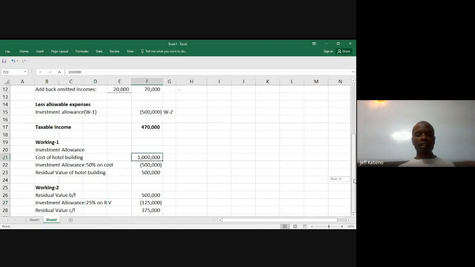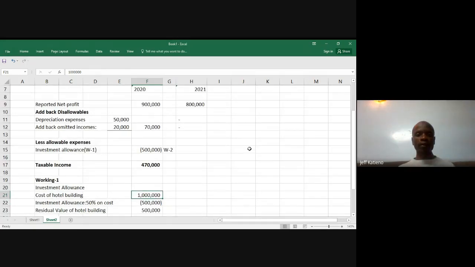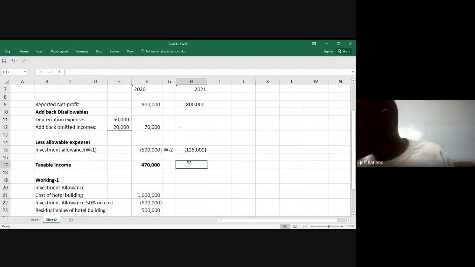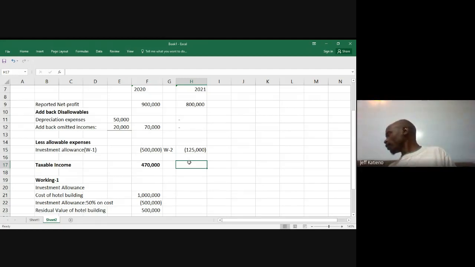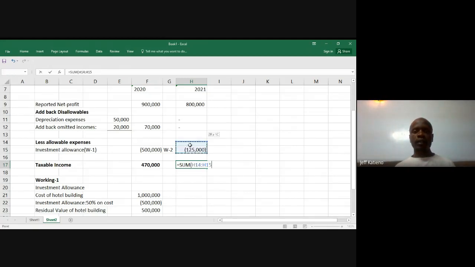I hope I have explained that clearly. So we will have here 125,000 as the investment allowance, and what you'll get here is the sum of this and this, which will be 675,000.